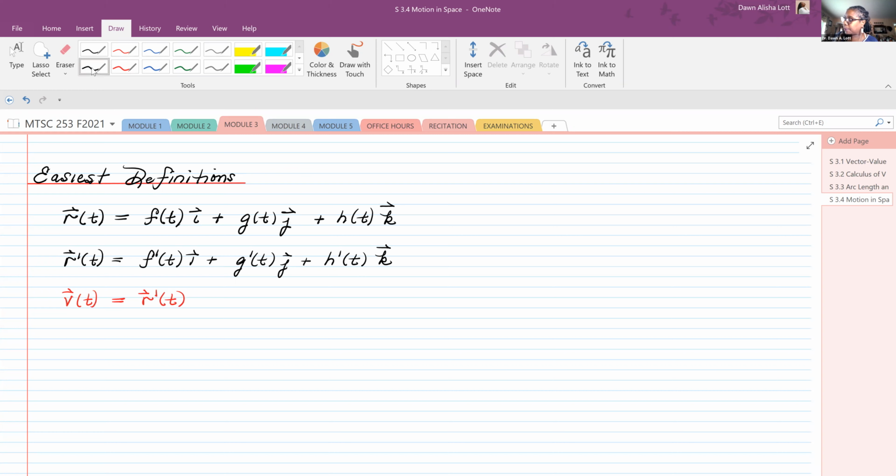The speed is simply the length of v of t, which is the same as the length of r prime of t.